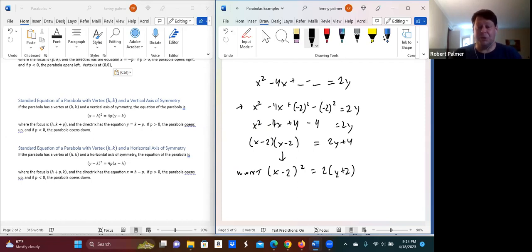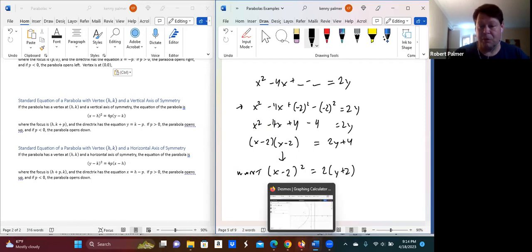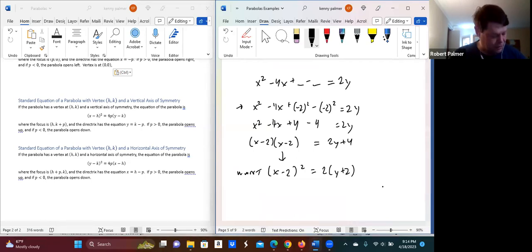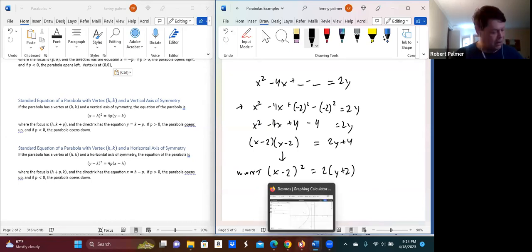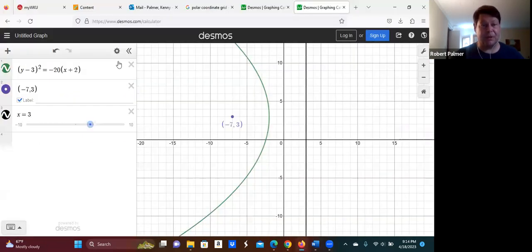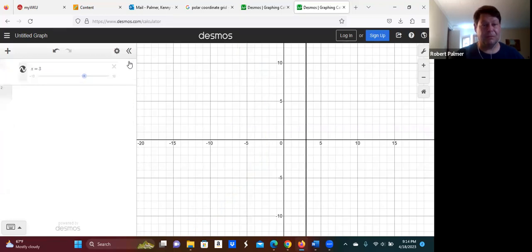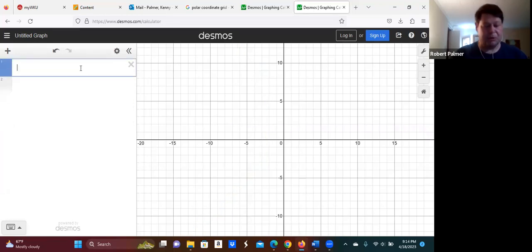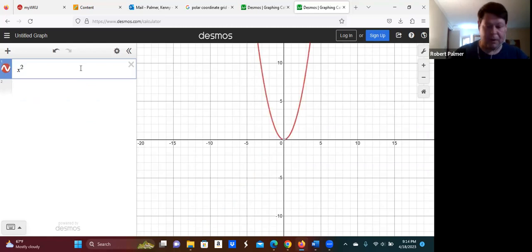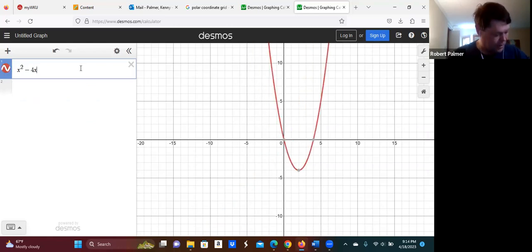So what I can do is check this and make sure it's right. Let's go to Desmos, and I'll show you both ways to do that. We're going to graph this both ways. Let me clear these out. Let me type in the original first. It's a nice thing about Desmos, I can do this: x squared minus 4x minus 2y is equal to 0.